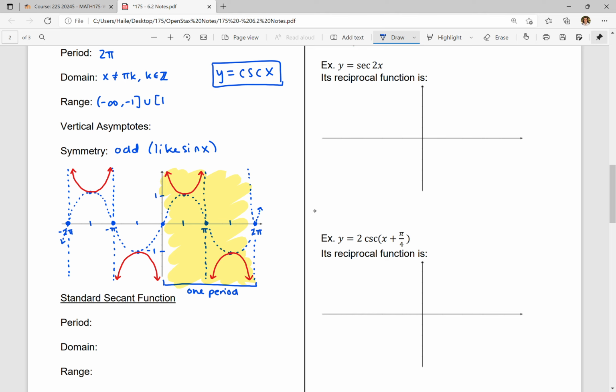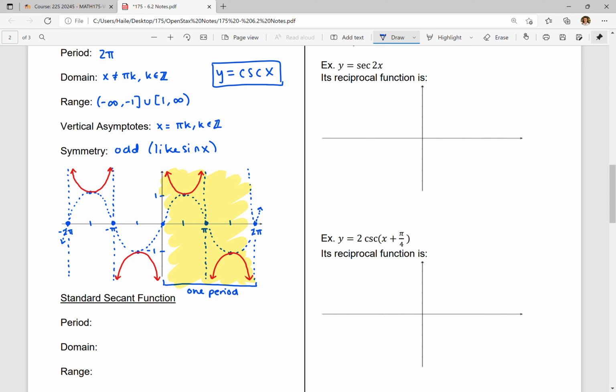So we're going to start with a bracket, write a 1, and go up to infinity. So you can think of the range for cosecant sort of like the range for sine, but it's been turned inside out. And then finally, we can write the vertical asymptotes very similarly to how we write the domain, except now we say that x actually equals pi k, where k is an integer.